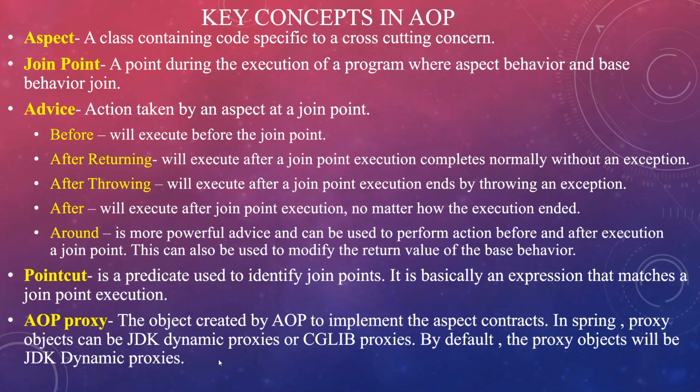So you need to know that JDK dynamic proxies or CGLib are being used, and that is how AOP uses the concept of proxies, by creating the proxy object that is actually the child class, or you can say inherits from the target object. All the requests that are made are on the proxy rather than directly to the target object.